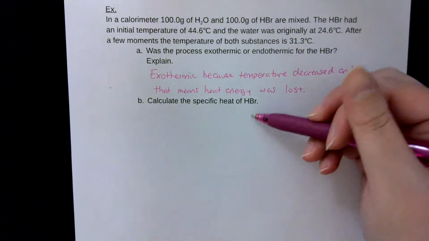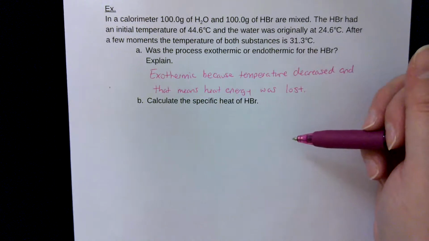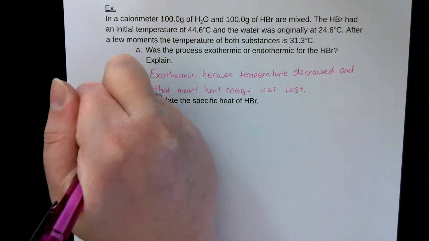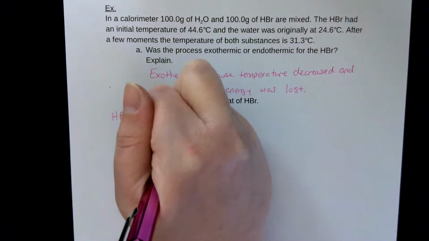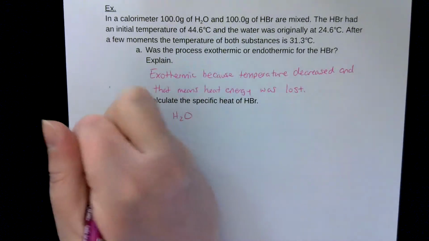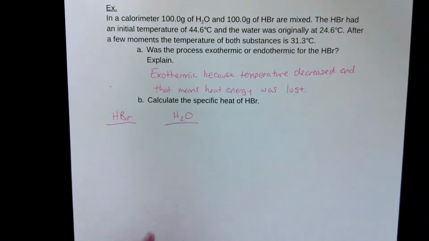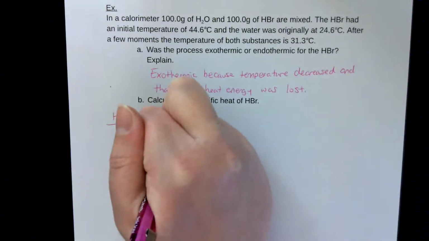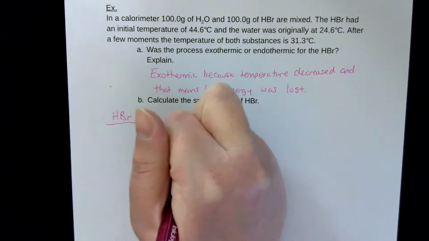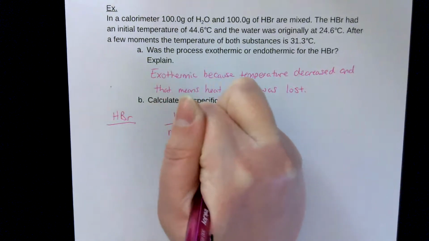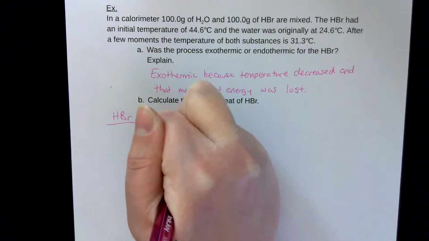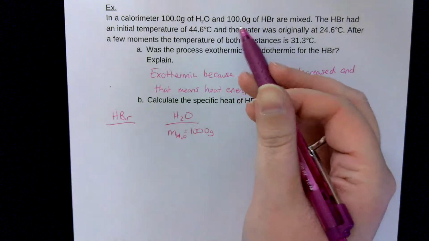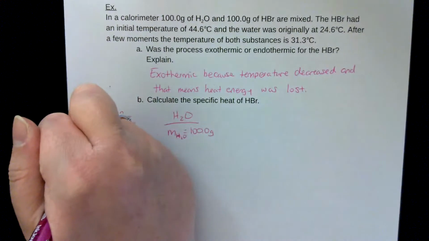The follow-up question wants us to calculate the specific heat of our HBr. So once again, we're going to make a list. What do we know about the HBr? And what do we know about water? We know that our mass of water is 100.0 grams. And our mass of HBr is also 100.0 grams.